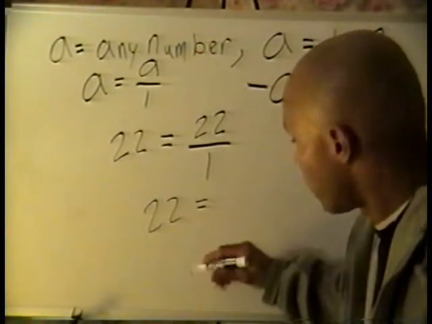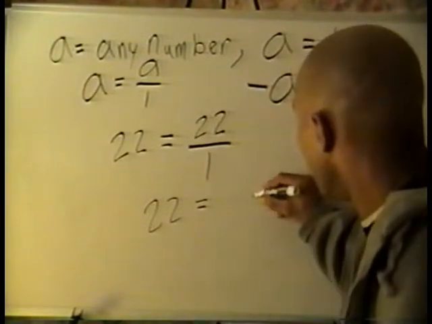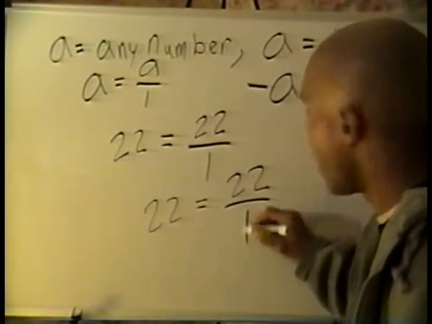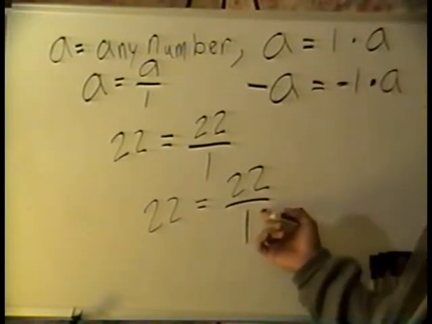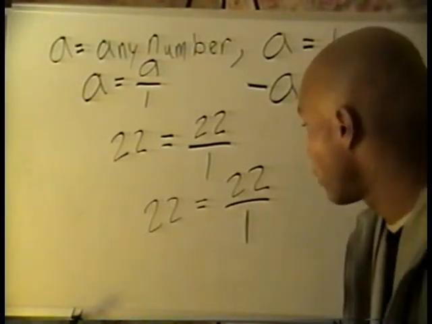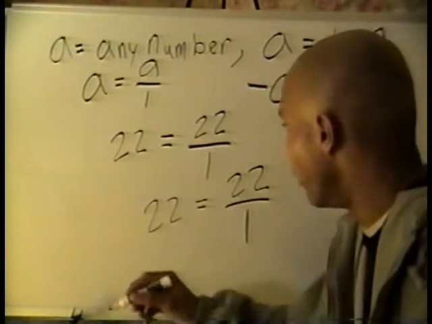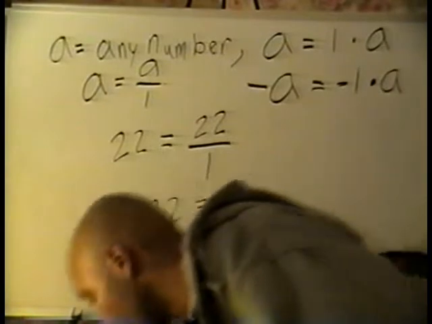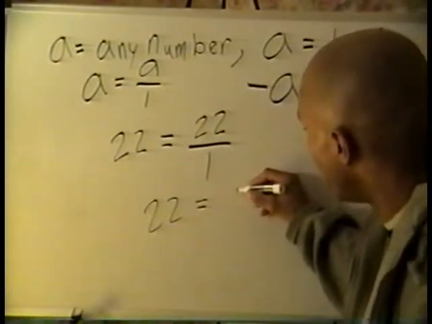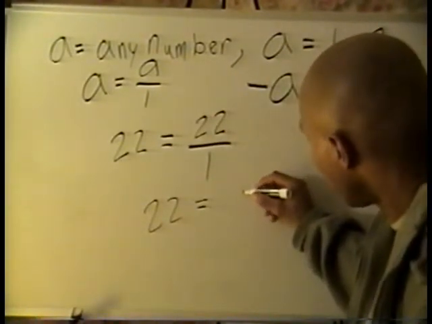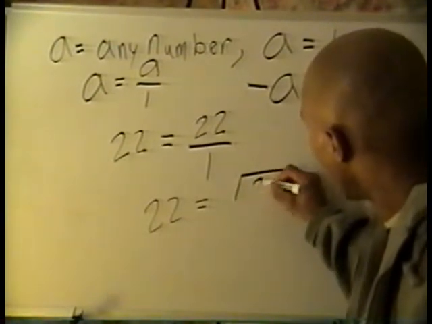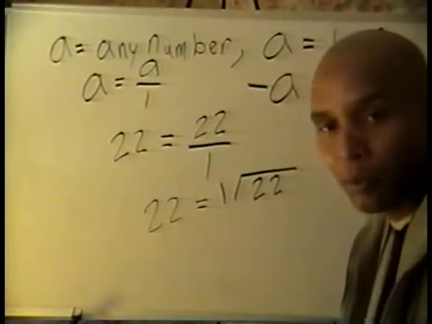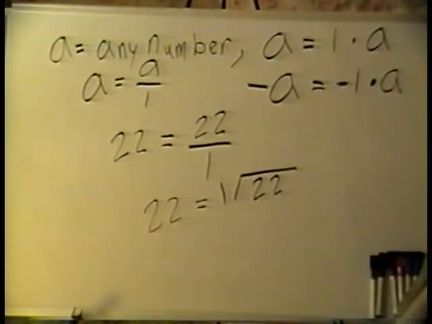In arithmetic, you would have 22. In algebra, this equals 22 over 1. That's a fractional form, and I can work with that. So this is the algebraic form. You put it in a fraction. And here, that's 22 divided by 1.